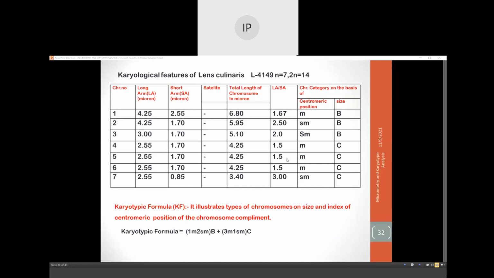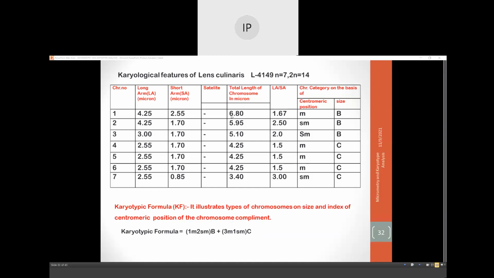On the basis of this data, the karyotypic formula, which illustrates the type of chromosome and size and index of centromeric position of the chromosome complement, becomes 1 median, 2 submedian, 3 chromosomes of B type and 4 chromosomes of C type, having 3 chromosomes with median centromeric position and 1 with submedian centromeric position.